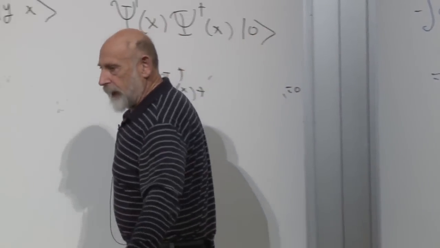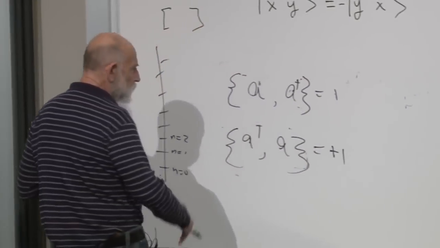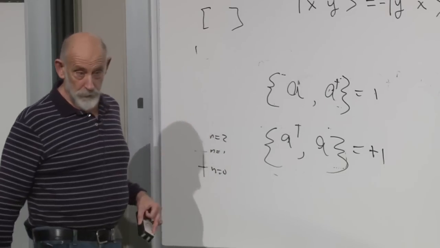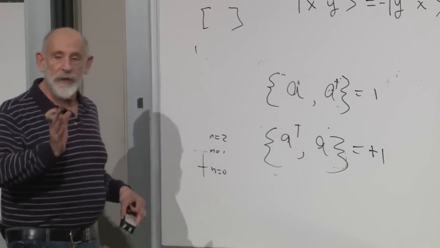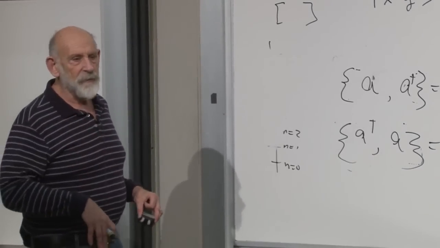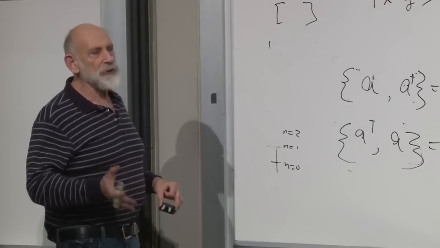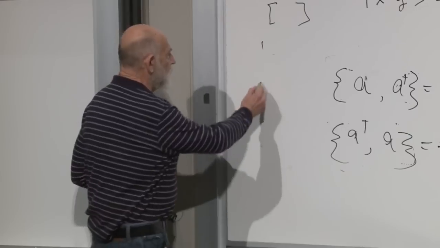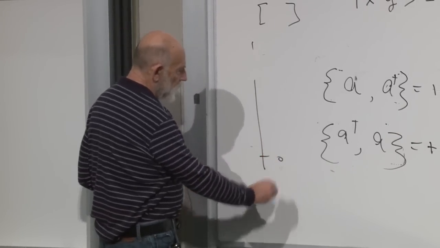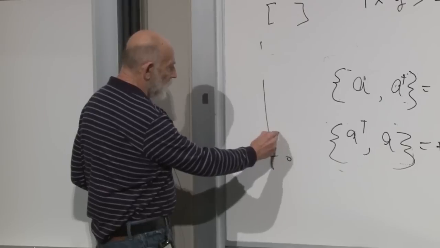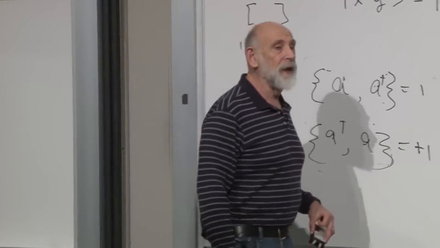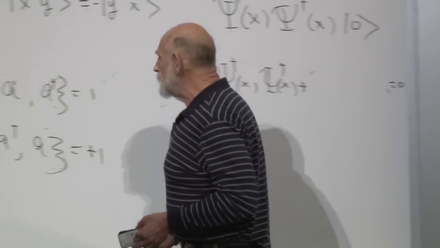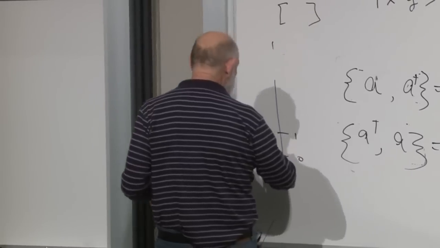Another way of seeing that is just to look at the possible occupation numbers of a fermion. Let's say it's a fermion with only one state, the ground state of the hydrogen atom. Okay? What can you have? The answer is you either have no particle or you have one particle. You can't have any more than one, and you can't have any fewer than 0. What does the creation operator do? It takes you from 0 to 1.